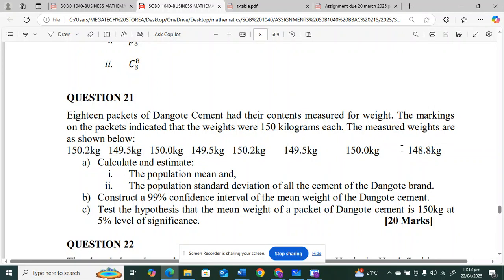Okay, so we have to get the mean. So, what are we supposed to do to get the mean? Yes. Okay, so mean equals summation of x divided by n.